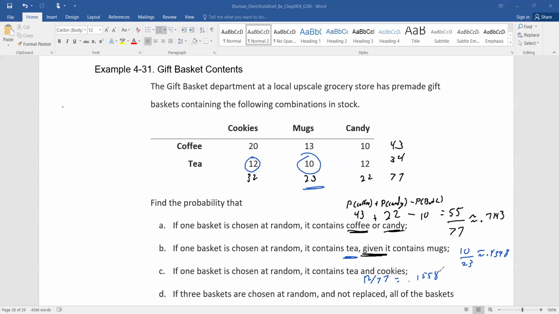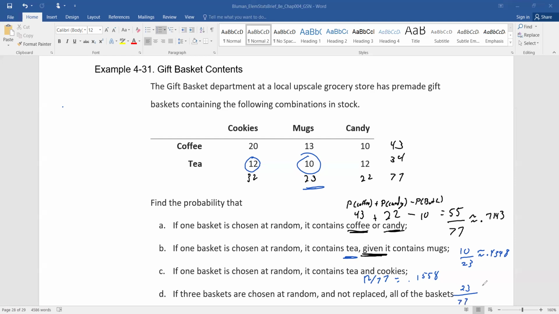Part D, if 3 baskets are chosen at random and not replaced, all of the baskets contain mugs. So if 3 baskets are chosen, not replaced, all baskets contain mugs. There's 23 mugs, so that would be 23 out of 77 for the first option.